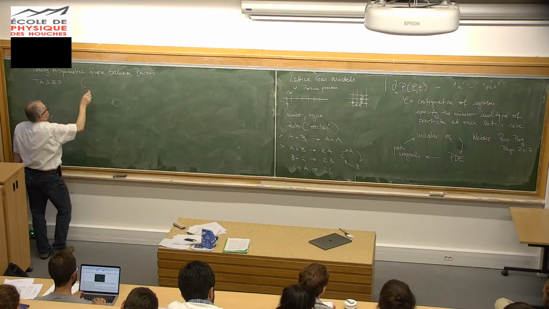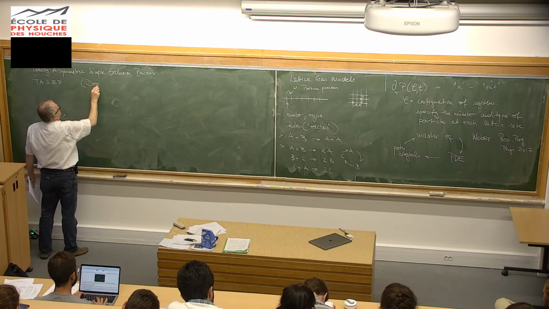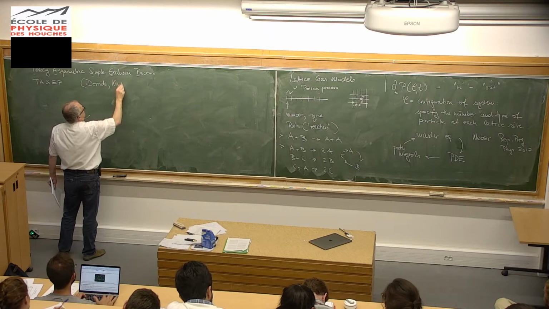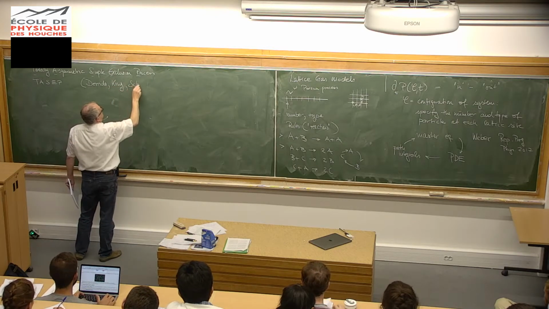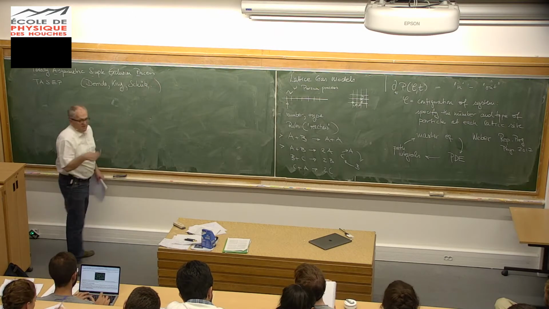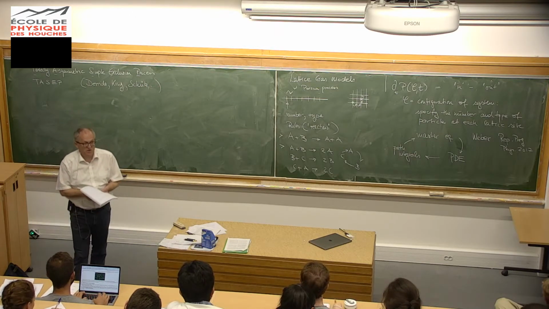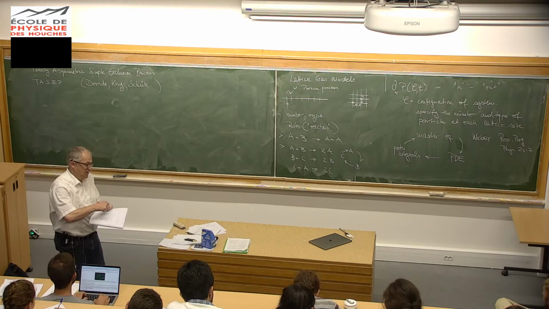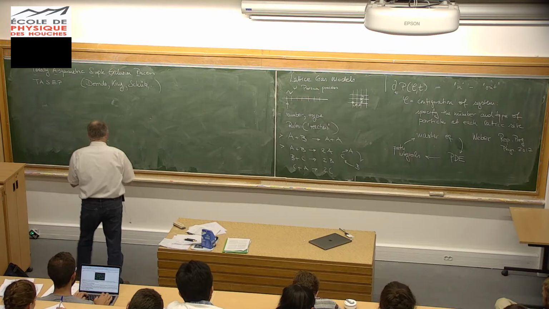This of course goes back to work by Derrida, by Joachim Krug, Gunther Schütz, and many others, and actually its original formulation was in a paper in a biological journal by MacDonald.